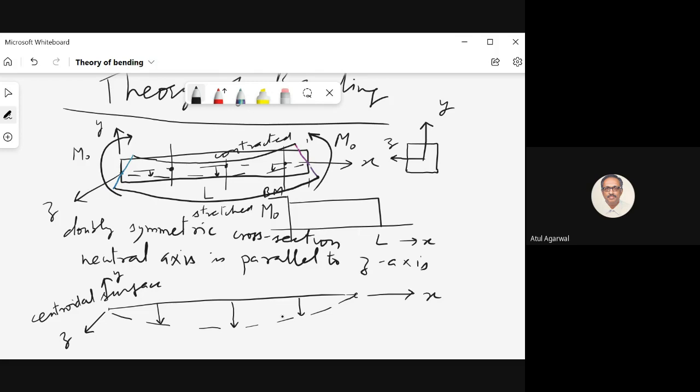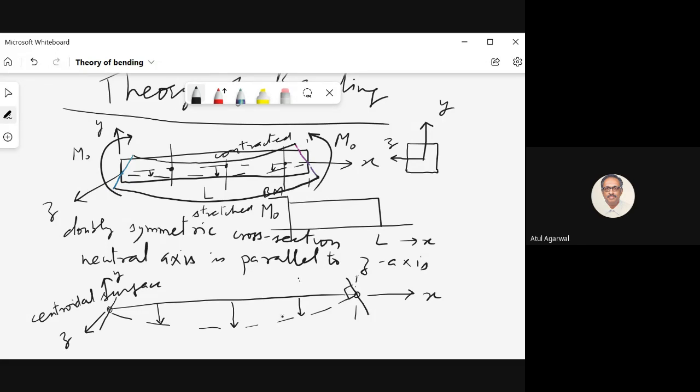So here at this point, you are assuming that rotation is occurring of the cross section about the neutral axis. And what we assume in the theory of bending is that this cross-sectional plane and the neutral surface are perpendicular.